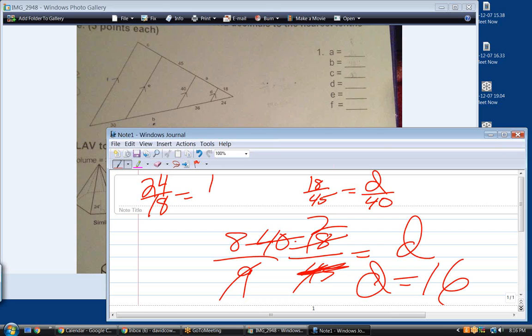As B is to 45. Correct. In other words, we know that every one of these has this 4 to 3 relationship. This is 4/3 that, this is 4/3 that, this is 4/3 that.